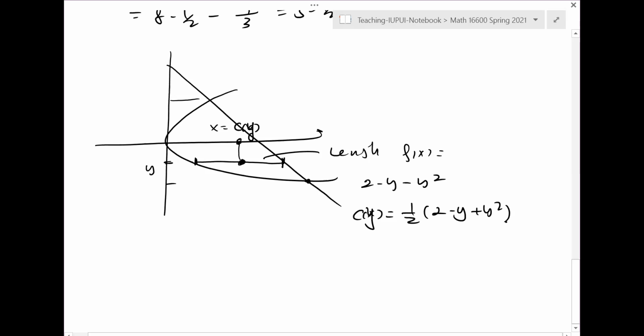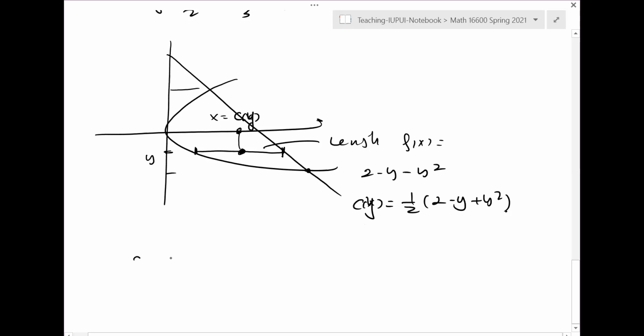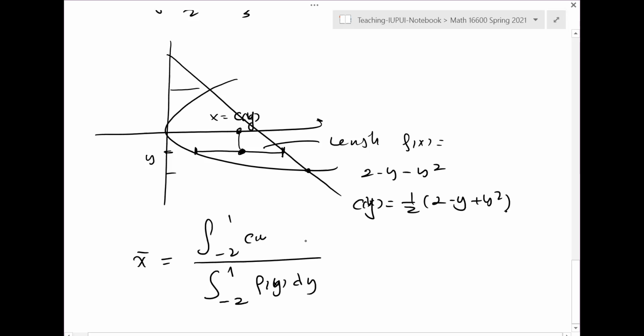Now the formula we derived before is x bar is going to be, what we have to do here is find the formula. It's from -2 to +1 of rho of x dx dy, and this will be the integral of that function multiplied by this.